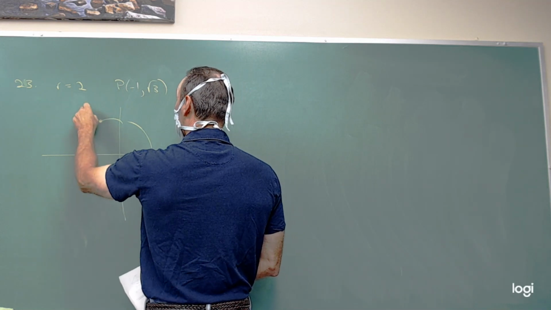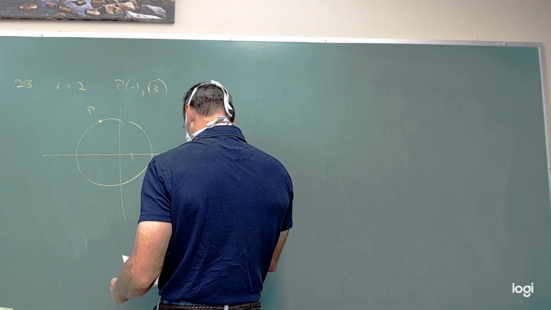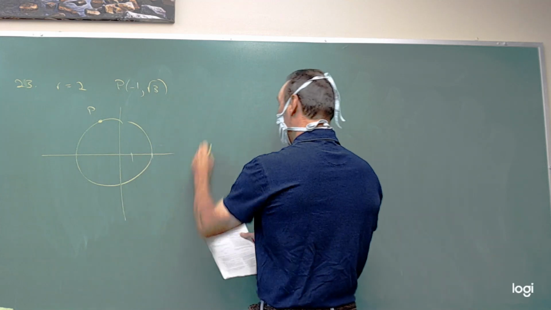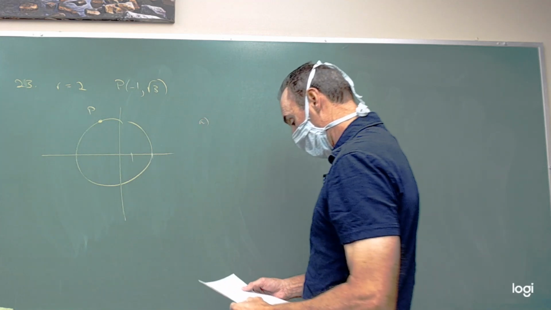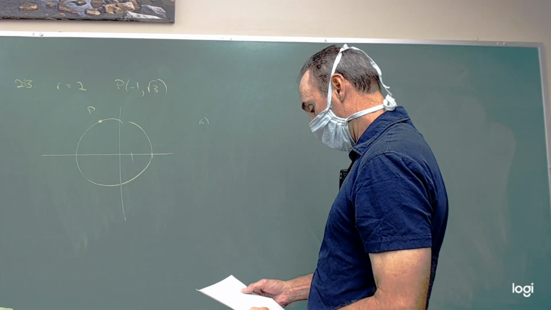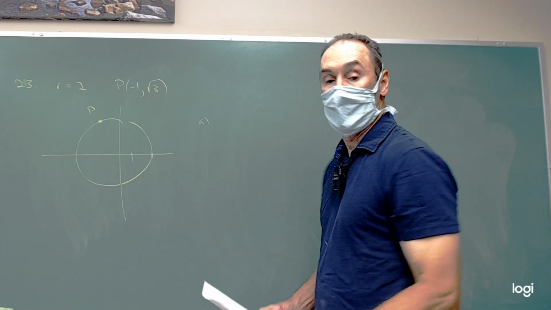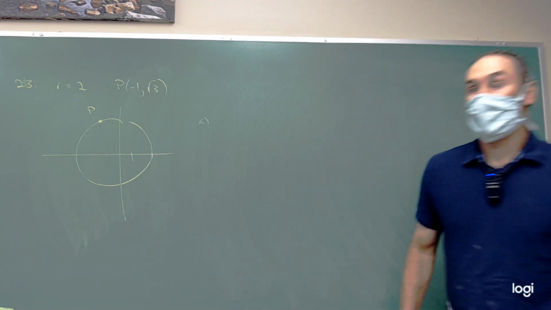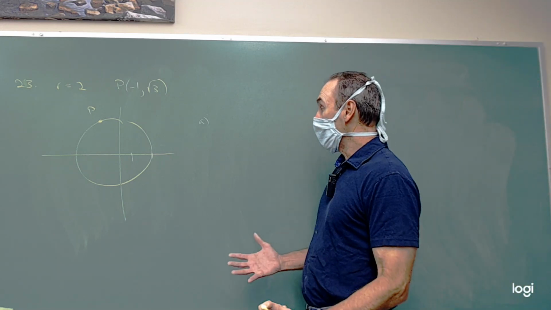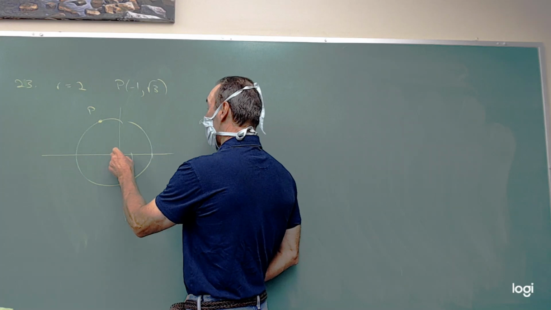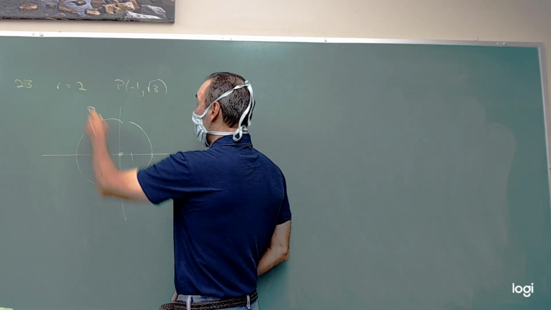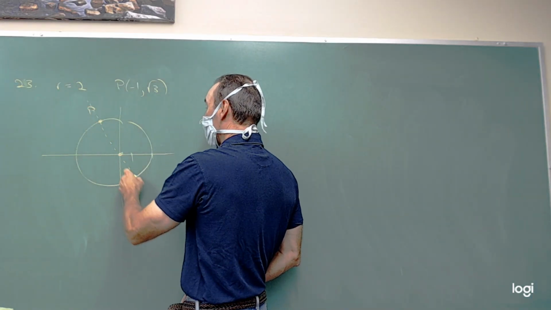So there's our point. And we want to know, first of all, can we find an equation for the line through the origin and the point -1, square root of 3? So to find an equation of a line problem, we need 2 points, but we've got one because the origin is going to be the other one. So we're talking about the equation of this line right here.